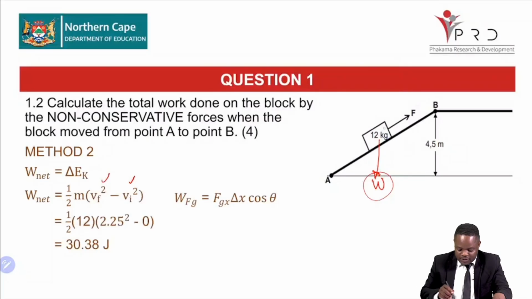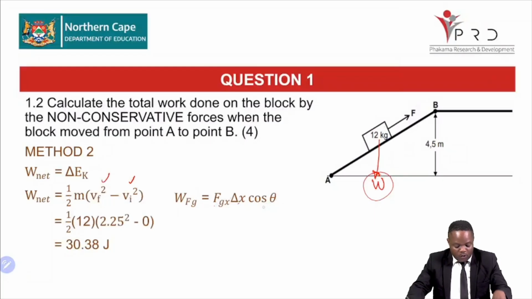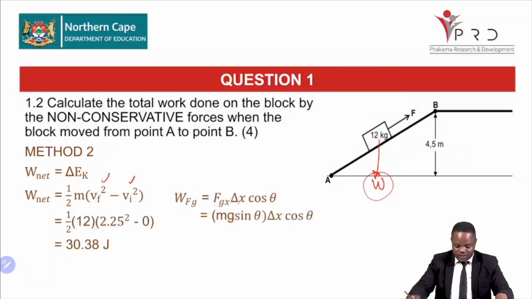And the work done by the weight is going to be the weight times delta x cos theta. And so our work net is comprised of the work done by the weight and also the work done by the non-conservative forces.